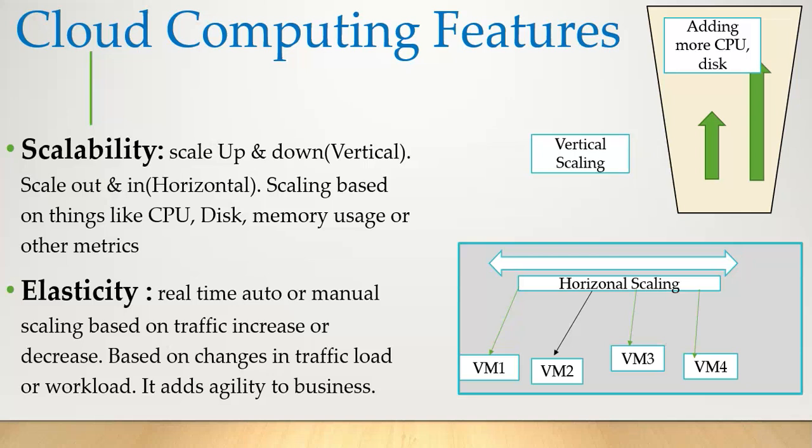Let's say if the current servers' utilization goes beyond 80%, just add two identical servers into the availability set or pool.